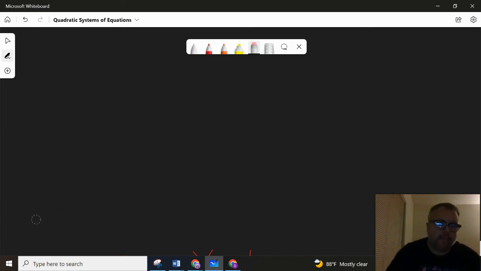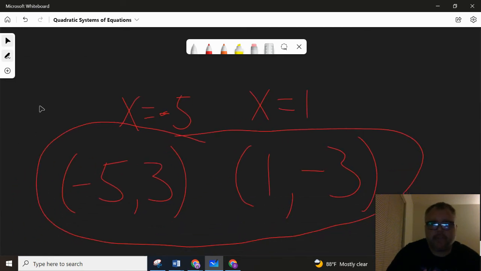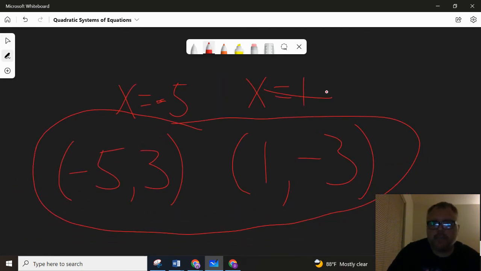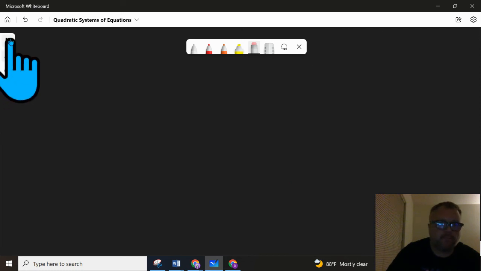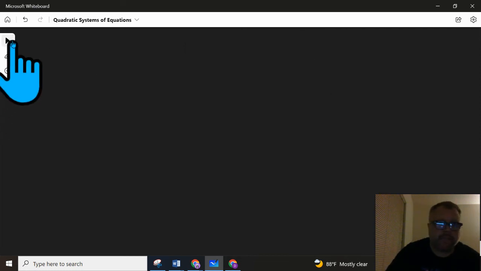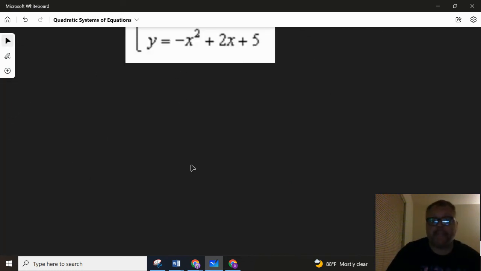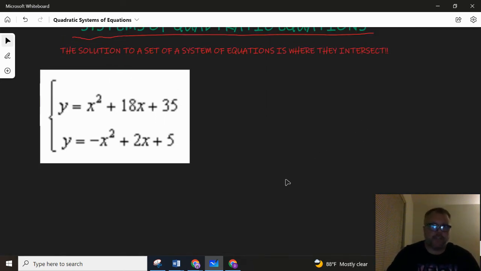We're going to set them both equal to each other if we're using the substitution method. You can use elimination too. It's really personal preference, and depending on what would be easier, the functions you're given would really dictate what would be easier.